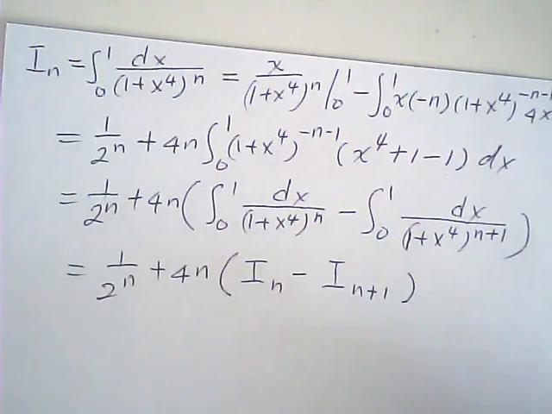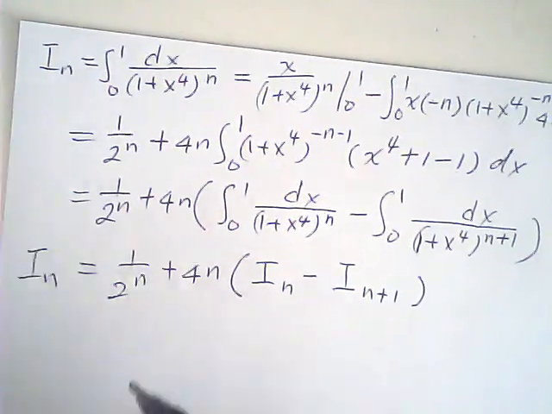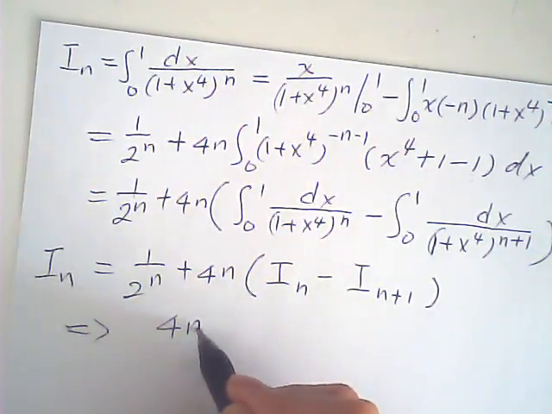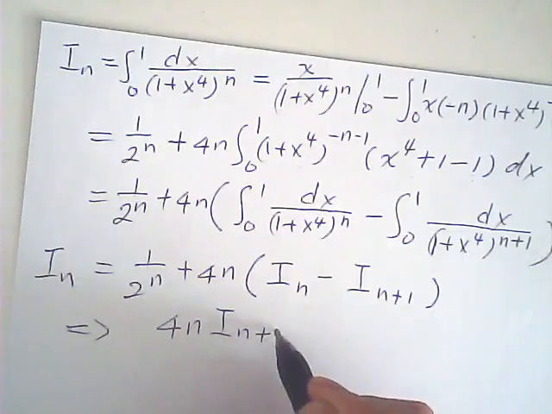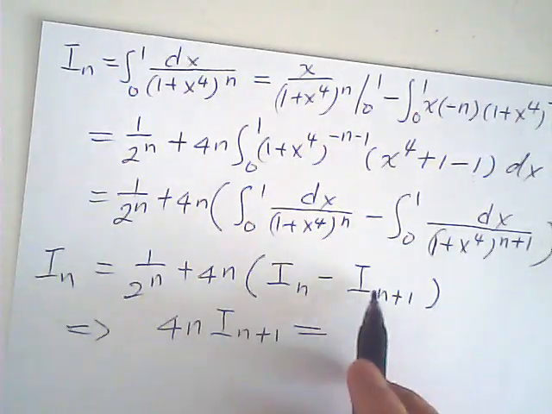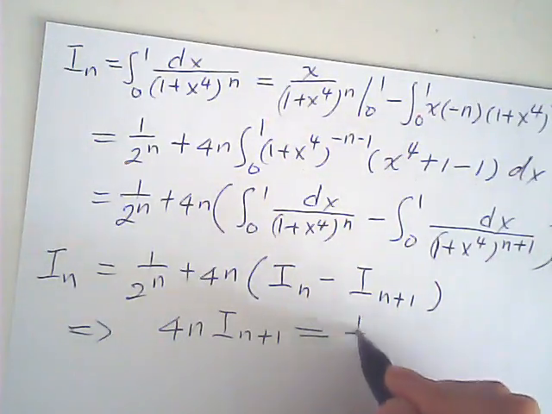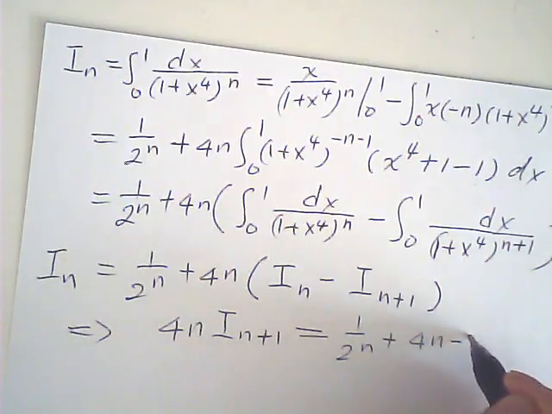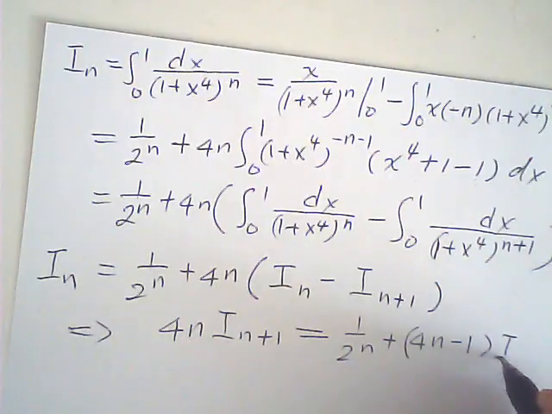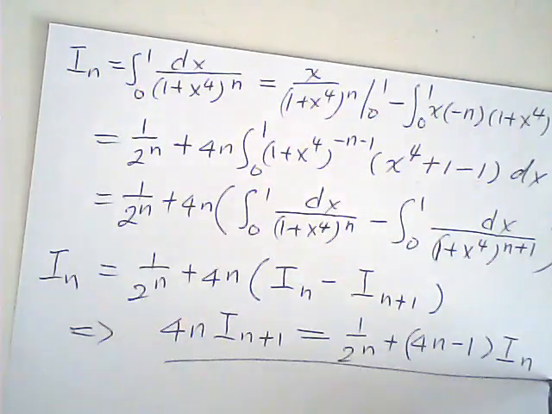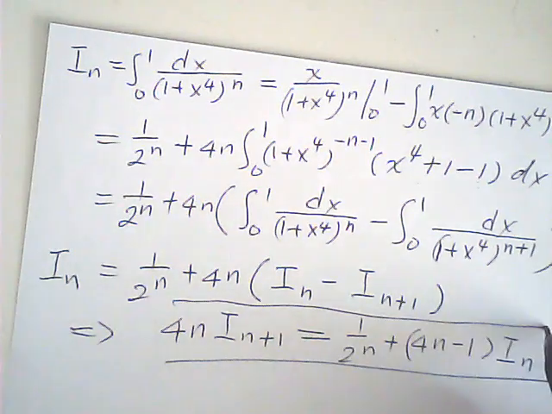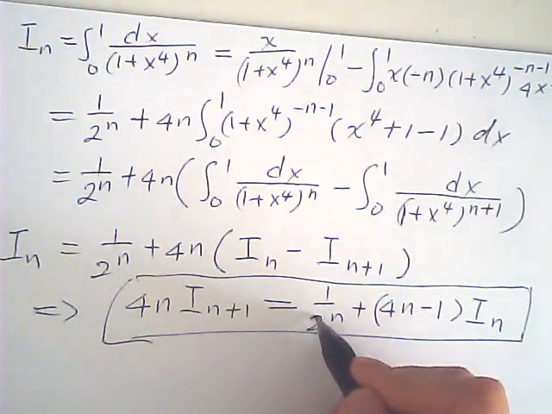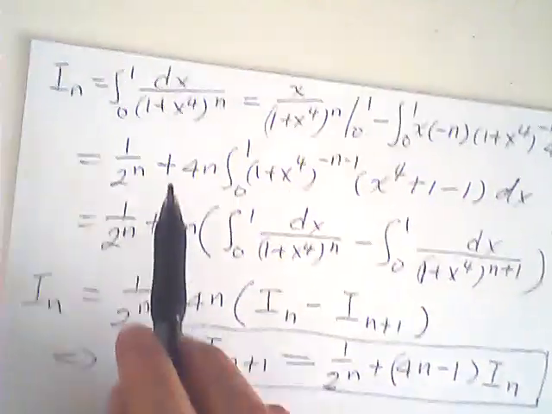So this side is I sub n. So we find the reduction formula: 4n times n plus 1, move over there, this is 2 to the n plus 4n minus 1 times I sub n. This is my reduction formula for this integral.